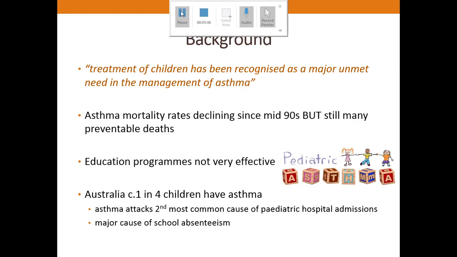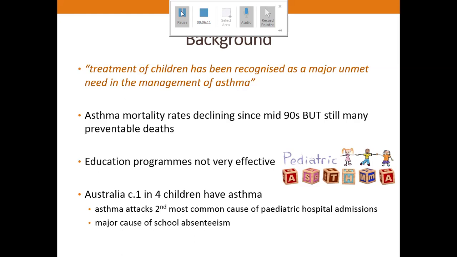So, a little quote there: treatment of children has been recognised as a major unmet need in the management of asthma. So in other words, the treatments that are available for children, a lot of children don't like using them. So unless we can find some way around this, we're not meeting their needs. We're not able to manage their condition.